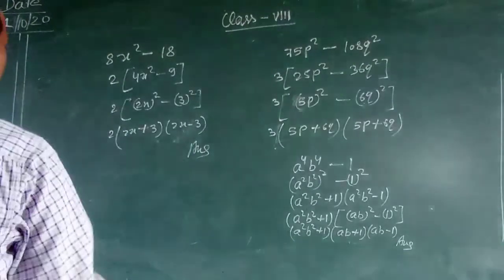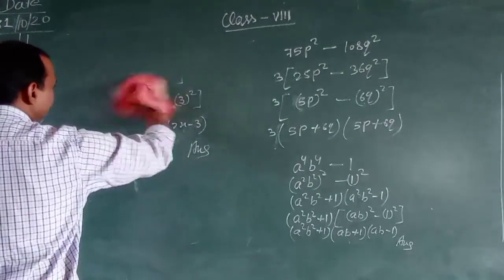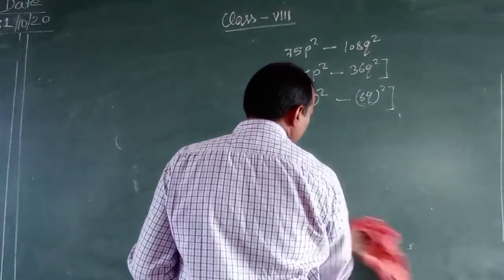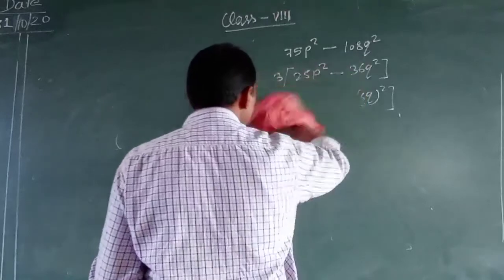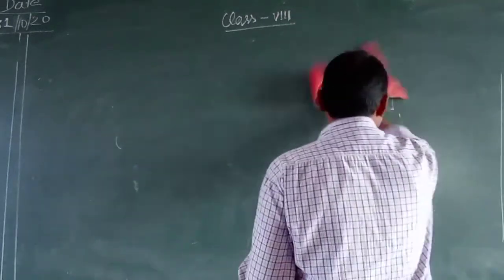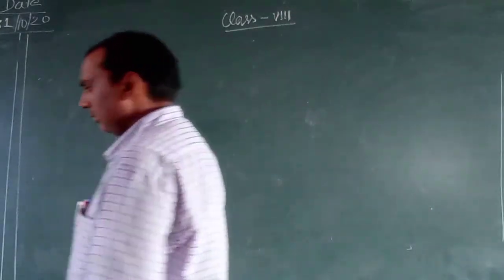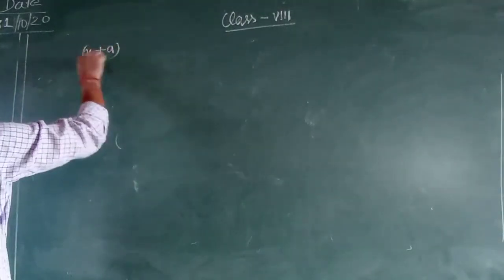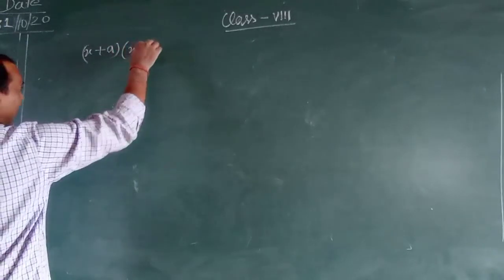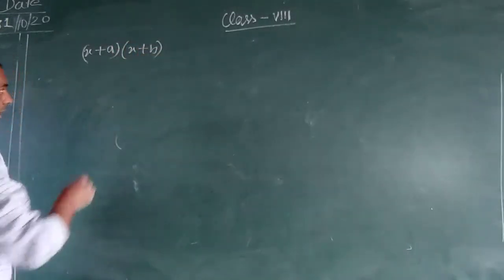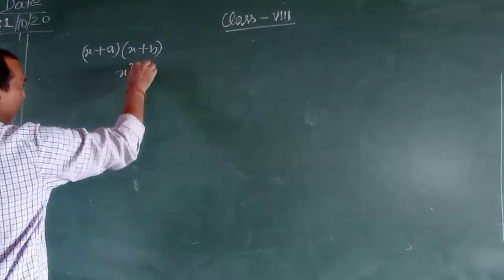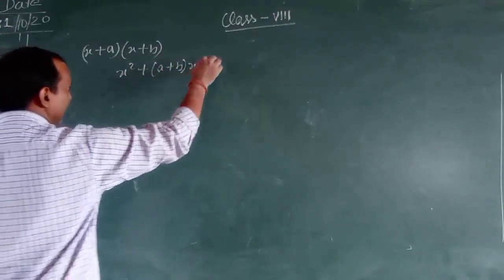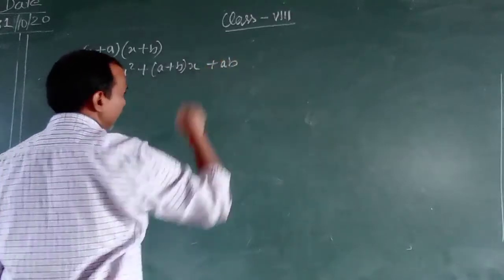Now some more identities we have to use here. Here it is x plus a into x plus b. It is equal to x square plus a plus b into x plus ab.